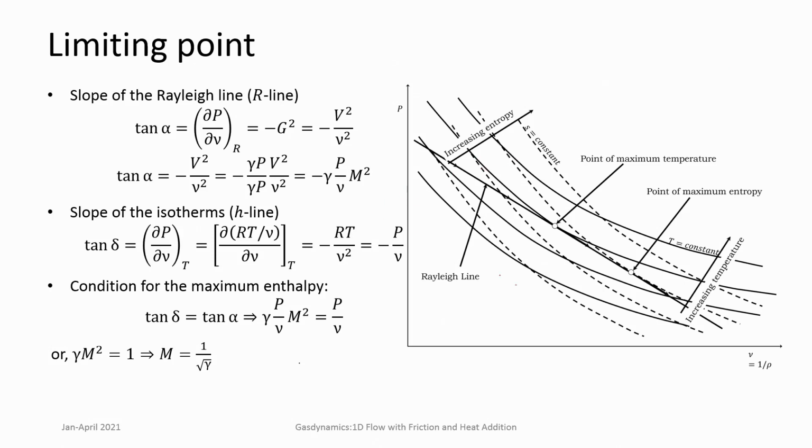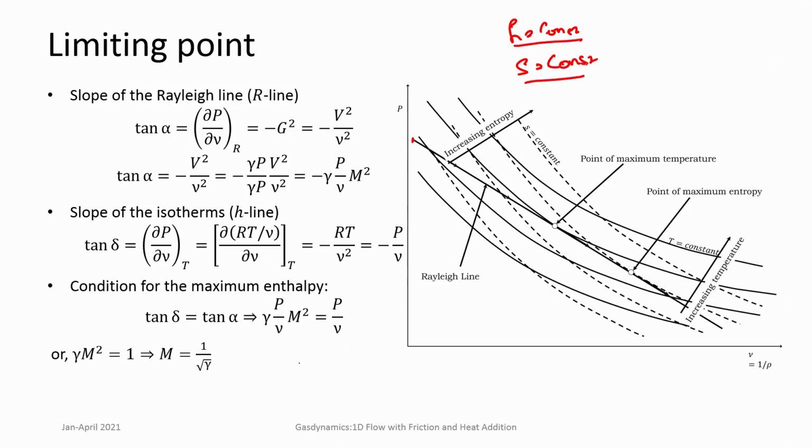So, if you look at the PV diagram, this particular straight line is the Rayleigh line. Okay. Now, if you look at the curves at which H is equal to constant, this is static enthalpy, and points of constant entropy, S is equal to constant, and points at which temperature is constant, that is enthalpy is constant.